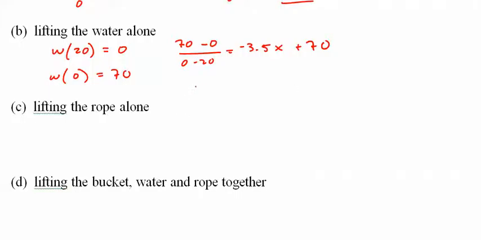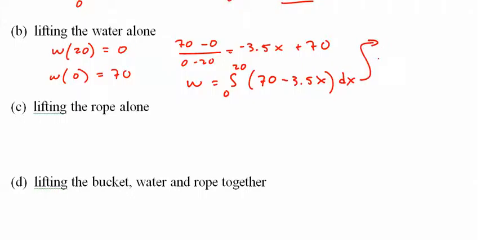So the work done is from, again, 0 to 20, and I'm going to rewrite this backwards. 70 minus 3.5x dx, which is 70x minus 1.75x squared from 0 to 20.